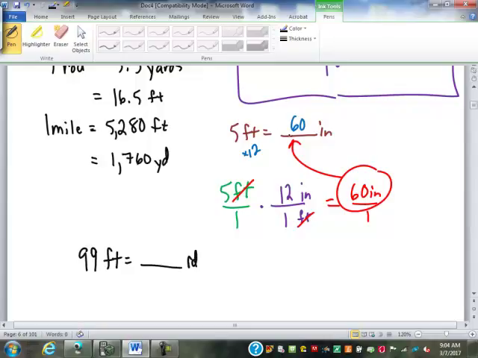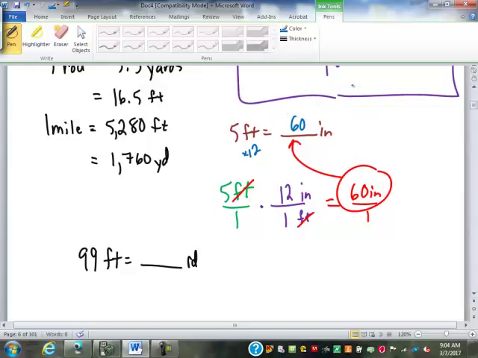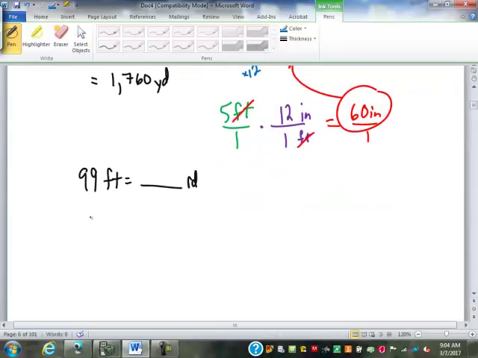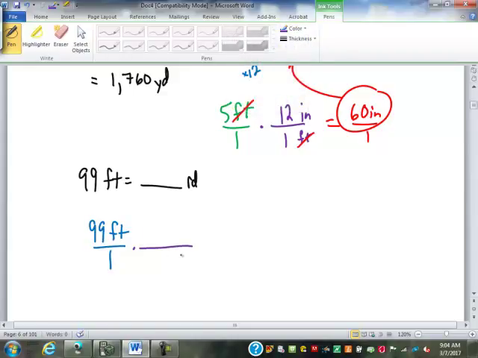and ask you how many rods that is. Anybody know how to convert feet to rods? Most likely not. So if we do 99 feet over 1, what unit has to go on bottom here? So we're getting rid of feet, so we're going to put feet on bottom. We're going into rods.